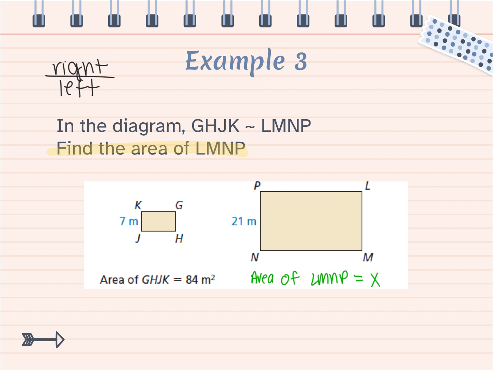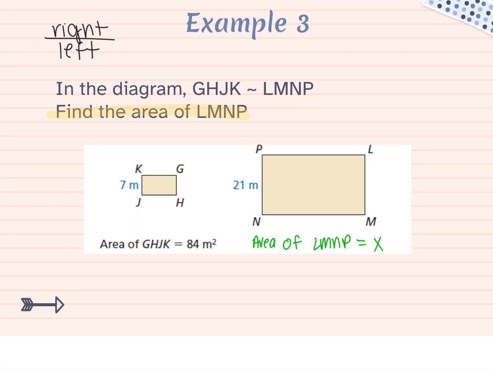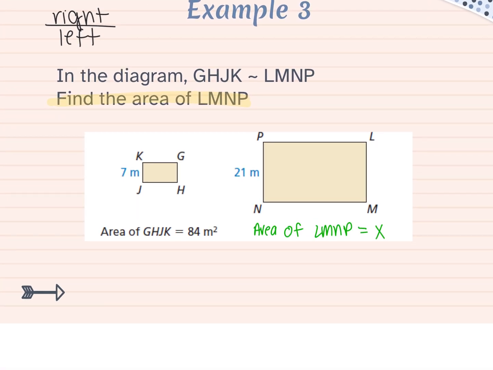They're giving us one set of corresponding side lengths, and I'm going to represent it using two different colors. This is going to be my red side. This is going to be my blue side. I'm going to have PN over KJ. Looking at it, PN is 21 over 7. Can I simplify this? Good. To 3, and I'm going to keep it as a ratio, 3 over 1. So I found my scale factor.